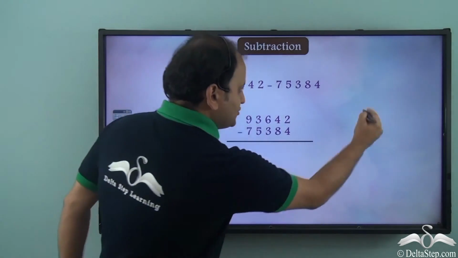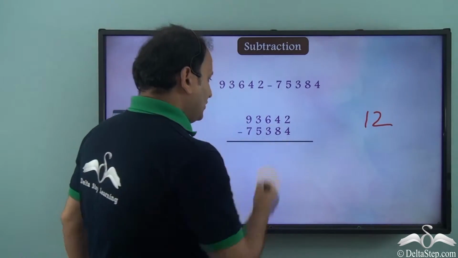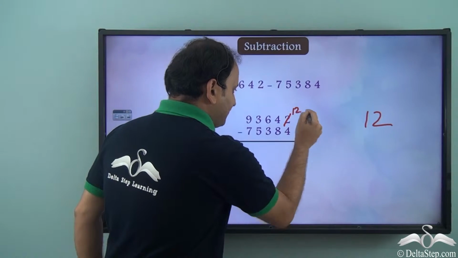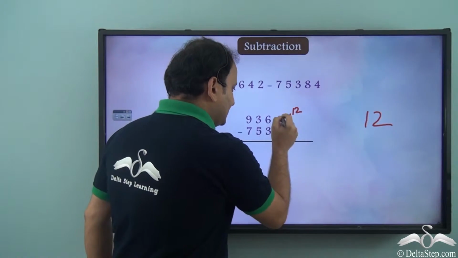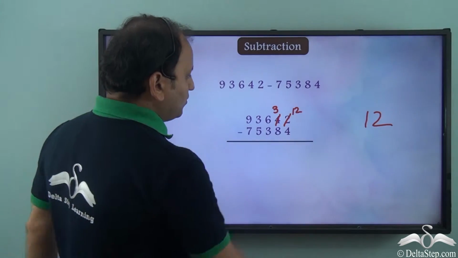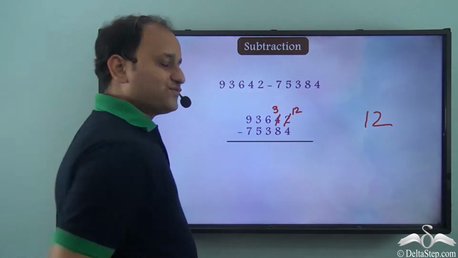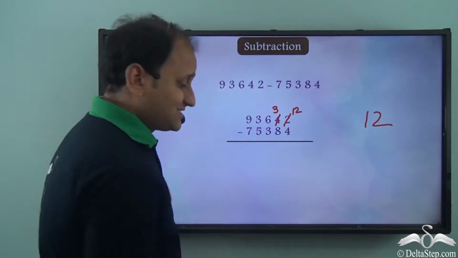It becomes 12. So now this becomes 12 and we have borrowed 1. So this becomes 3, isn't it? Now 12 minus 4 will be how much? 12 minus 4 is 8.